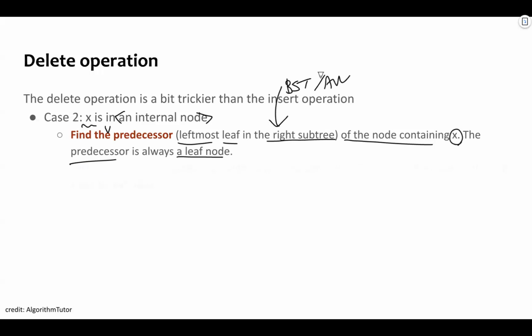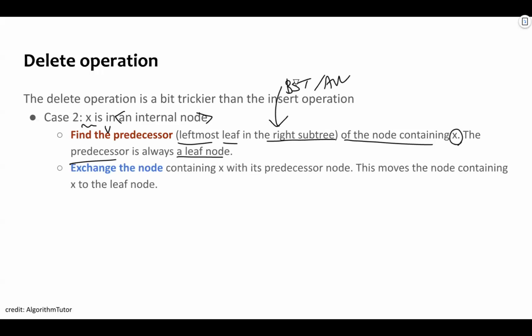And as you can imagine, we're going to replace the 2 nodes. So exchange the node containing X with its predecessor, which is the leftmost leaf in the right subtree. So this is equivalent to moving the node containing X to the leaf node and then deleting that node. And we saw how we can delete the leaf node in the previous slide.